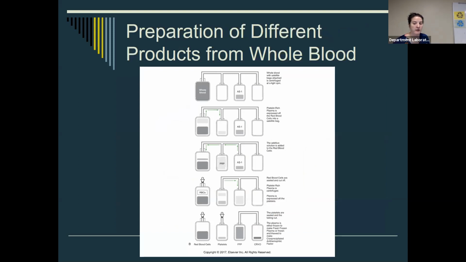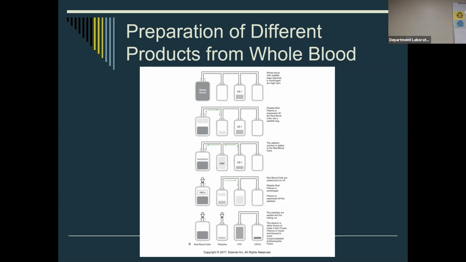I took this image from your textbook. I thought it further explains. Notice here's your whole blood, your parent unit, and here are your other component bags. Here's Adsol 1, which is a preservative, already in this bag. After a soft centrifuge, you have your red cells and your platelet-rich plasma.